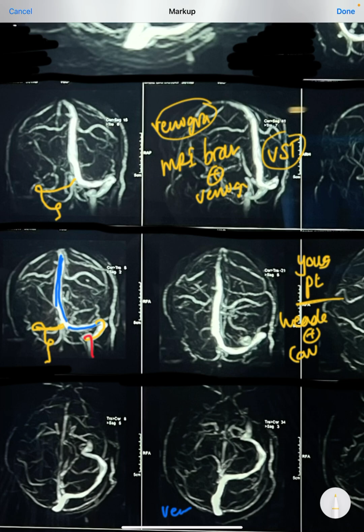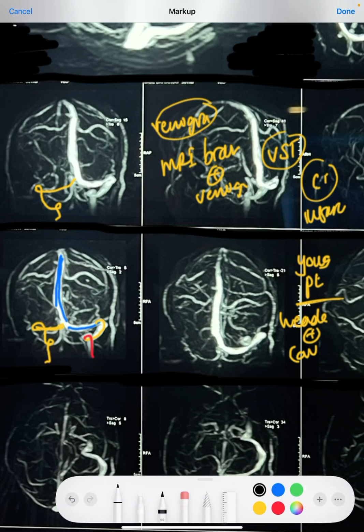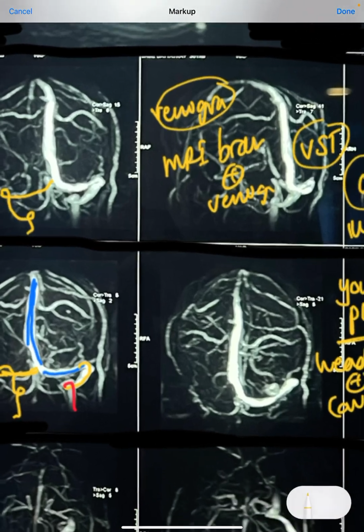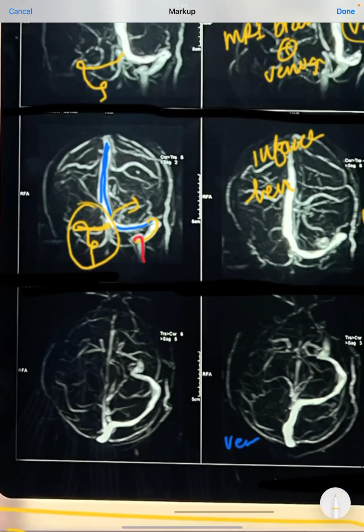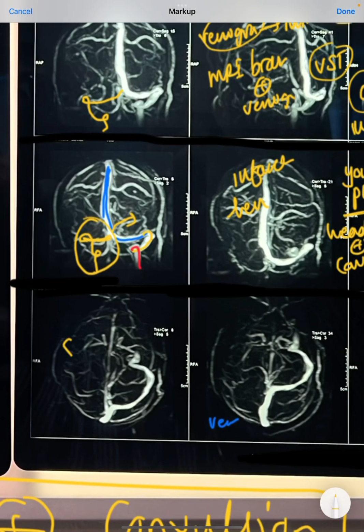Most of the time, CT scan will show some infarct, and the patient may also show a hemorrhagic bleed. With the venogram we always do MRI brain, which will definitely show an infarct or hemorrhagic infarct. So whenever there is an infarct or hemorrhagic infarct along with such an abnormal sinus, it confirms that there is venous sinus thrombosis.